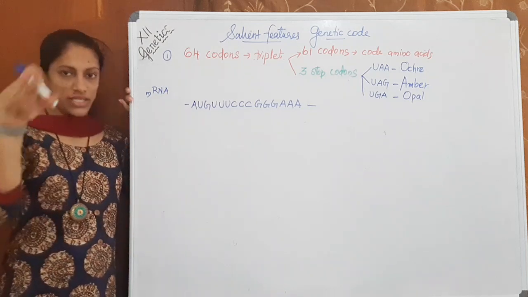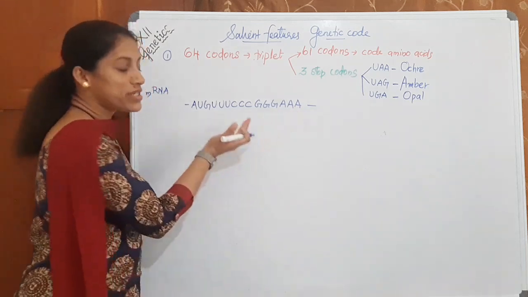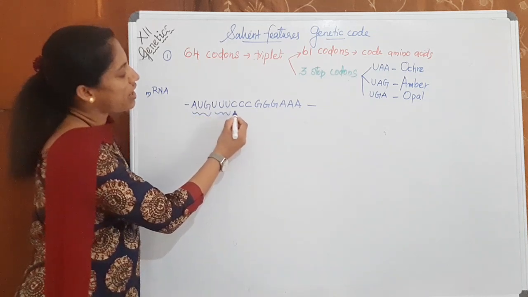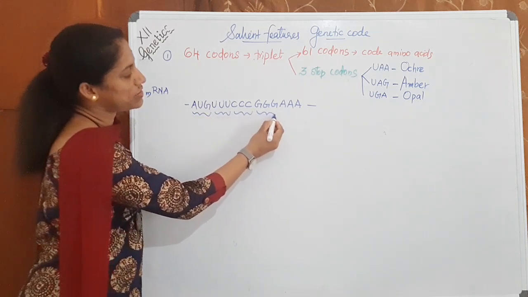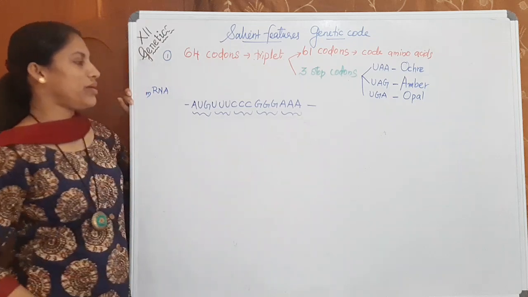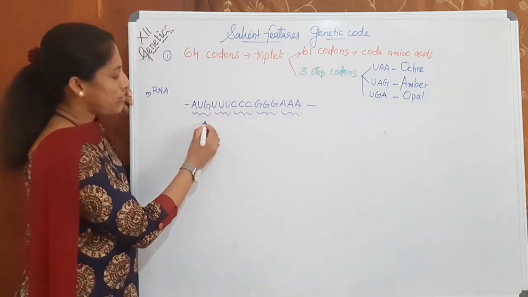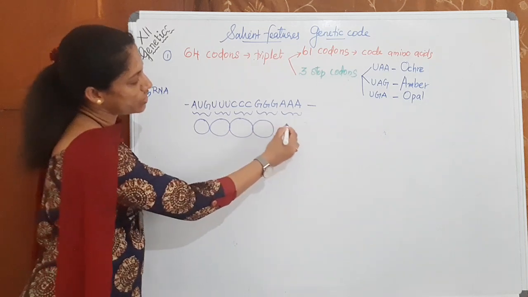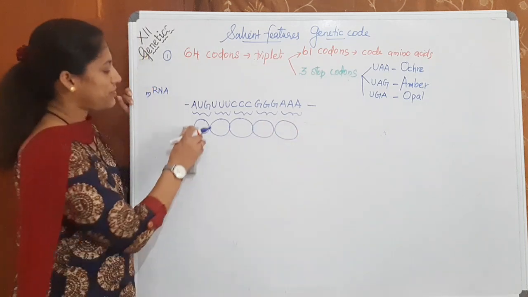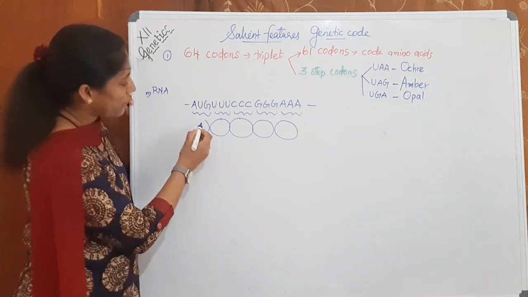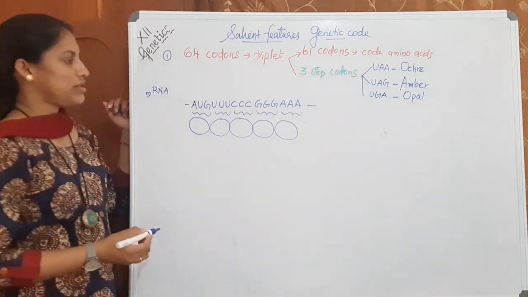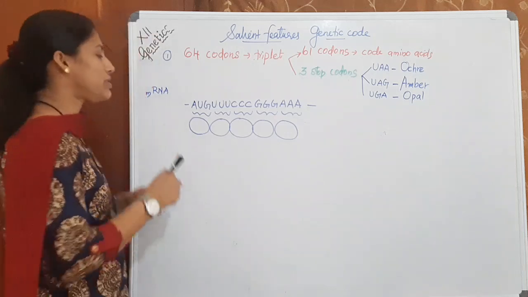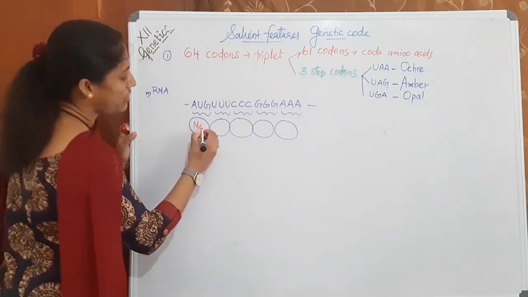With the help of that table, can you predict which amino acids are produced from this? How many amino acids are produced from this? 1, 2, 3. First amino acid, second amino acid, third amino acid, fourth one, fifth one. Tell the names. I didn't study it by heart. So, AUG stands for which amino acid? Methionine.